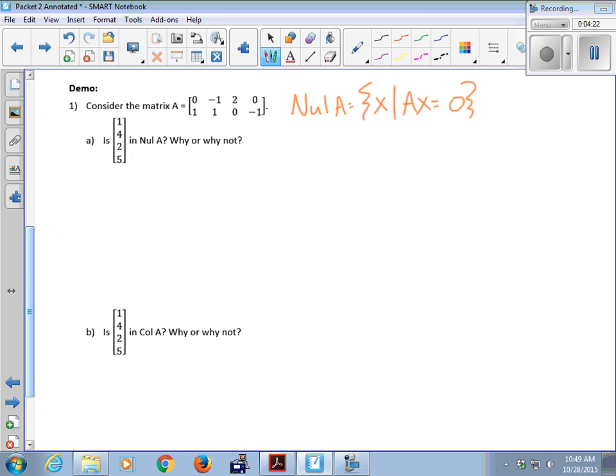So I have to check, does A, 0, 1, negative 1, 1, 2, 0, 0, negative 1, that's A, times my vector x that I was given, 1, 4, 2, 5. I want to multiply them together, and if I get 0, then the vector is in the null of A.